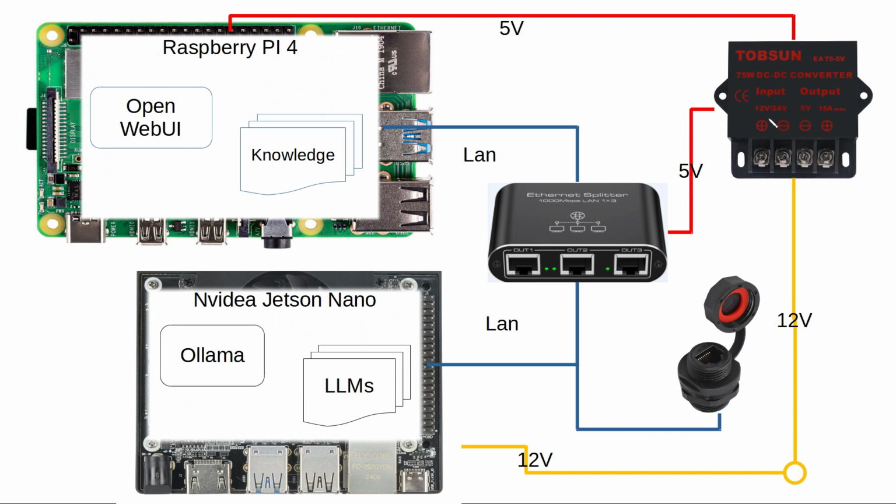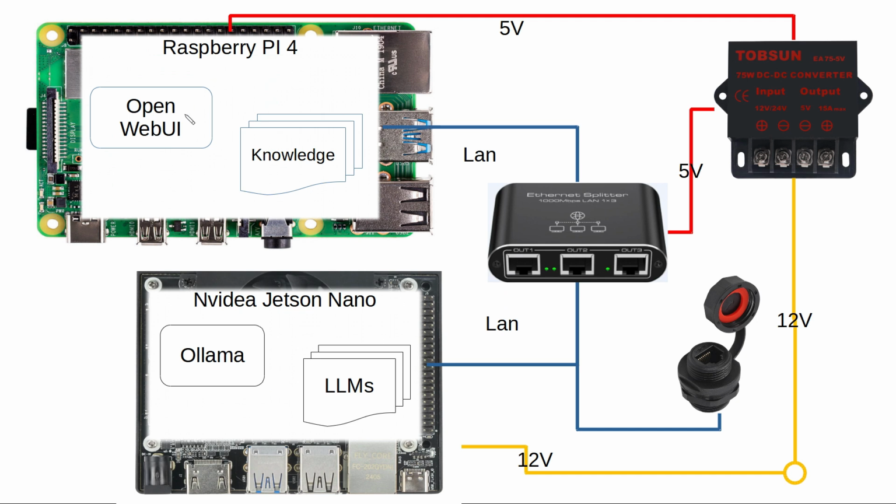Otherwise the 5 volts out of this converter, and it's fairly beefy, it's a 15 amp converter, at the moment I use for powering an Ethernet switch here, a 1 into 3 Ethernet switch, and the Raspberry Pi. This is a Raspberry Pi 4, and I've also installed an SSD on it to get the best performance possible out of it. Same thing for the Jetson Nano, it's got an SSD on it to improve the performance.